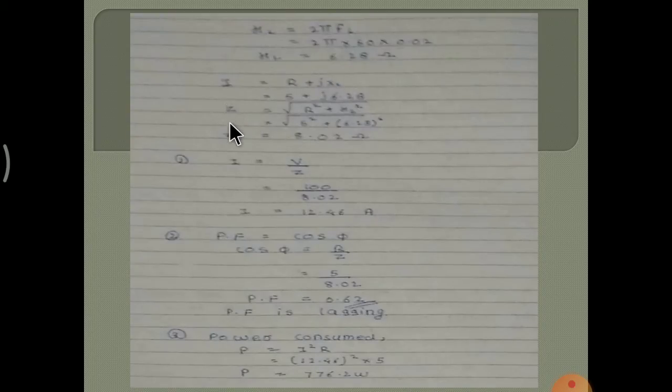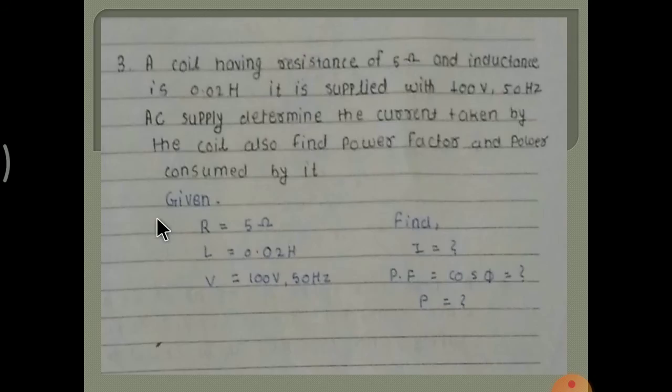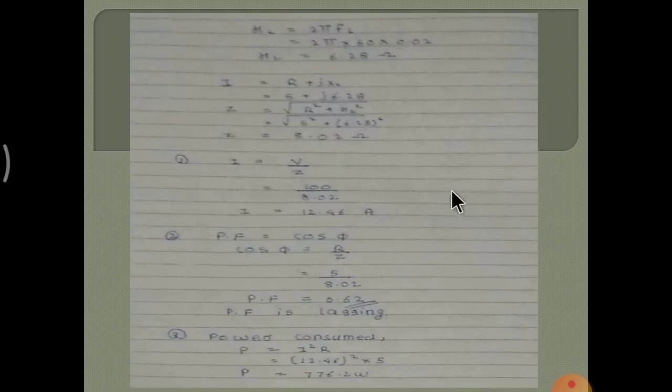After that, calculate the Z. Z is equal to R plus J XL. Put the value of R, that is given as 5 ohm, and the value of XL we already calculated. Put R as 5 plus J 6.28.